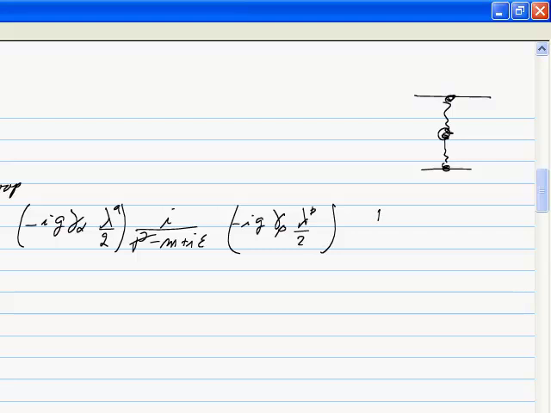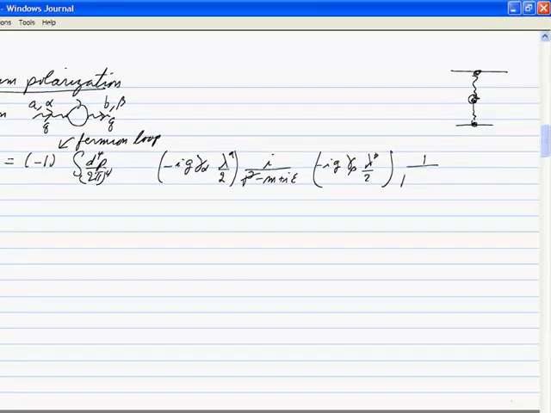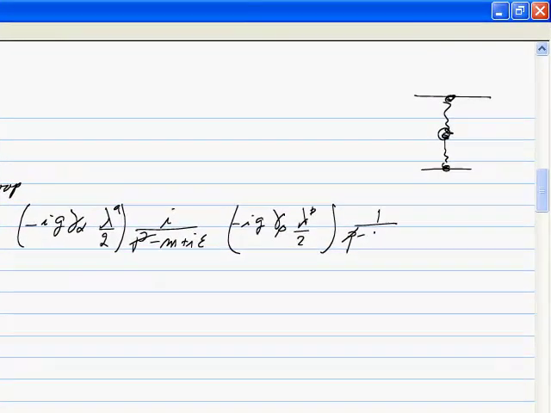I then have another propagator, which has to be, if that's p, and this is coming this way, p minus q: p-slash minus q-slash minus m. And I'm back to the same point again.